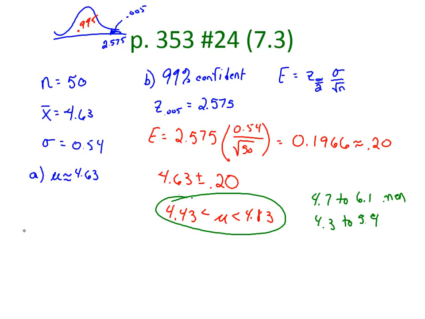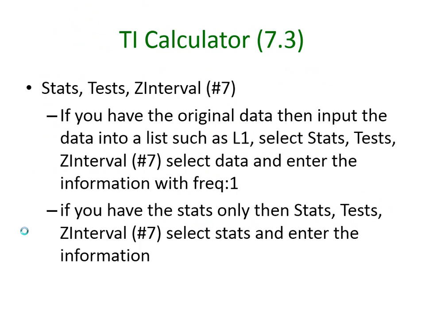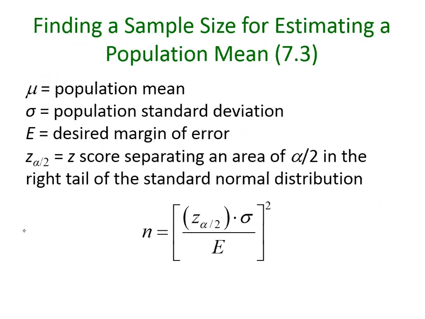Did I have a sample size of either larger than 30 or coming from a normal distribution? We had a sample size of 50. It doesn't tell me anything in here about whether or not this comes from a normal distribution. But because my sample size was more than 30, I could ignore that.